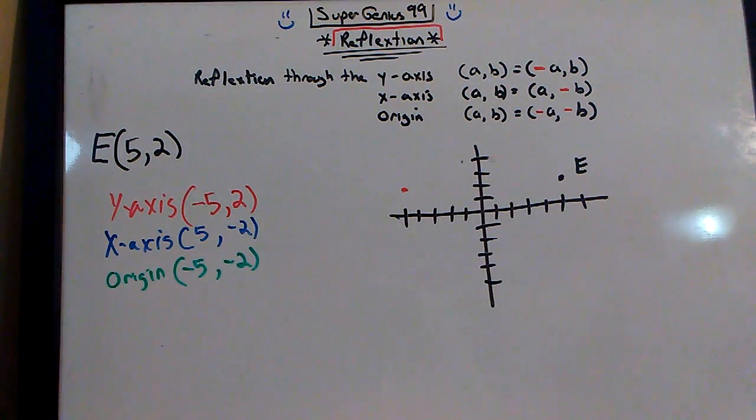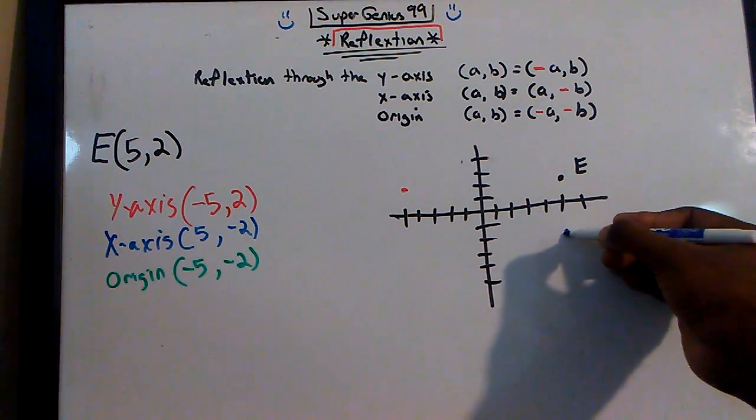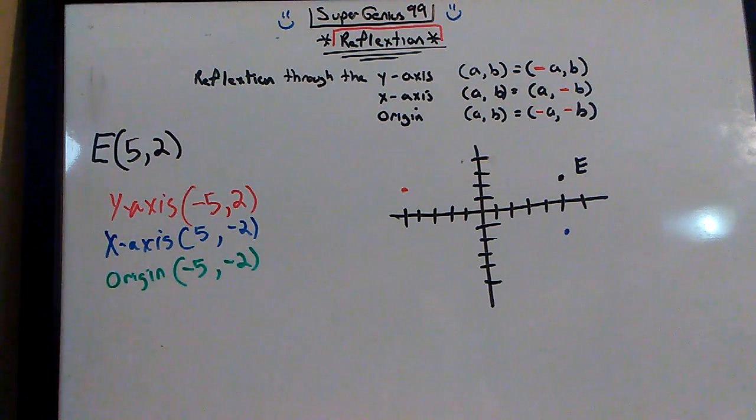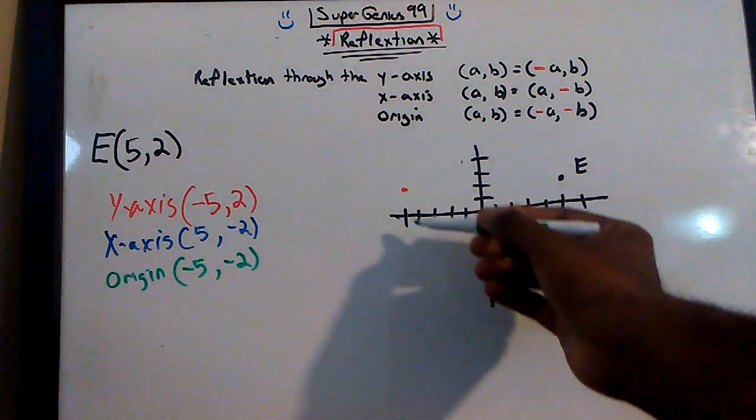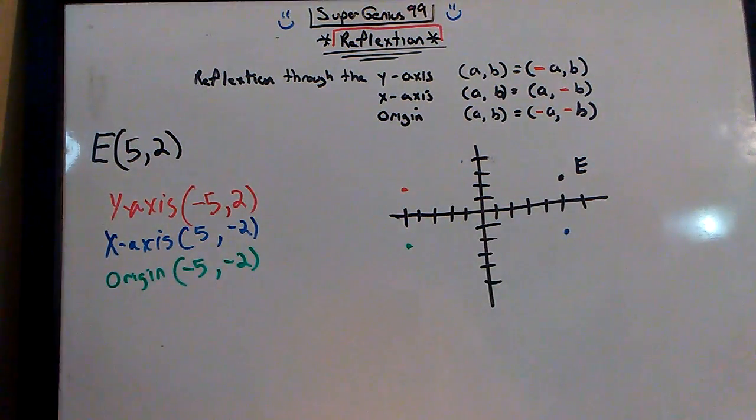The reflection across the x-axis was 5, negative 2, about right there. And the reflection about the origin was negative 5, negative 2, about right there. Look good? Okay.